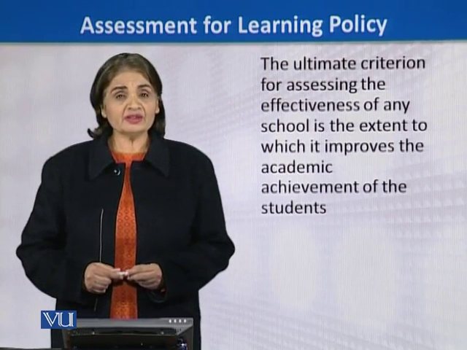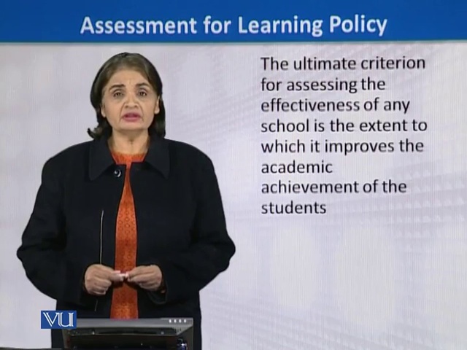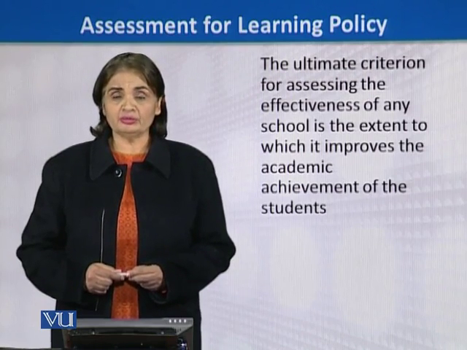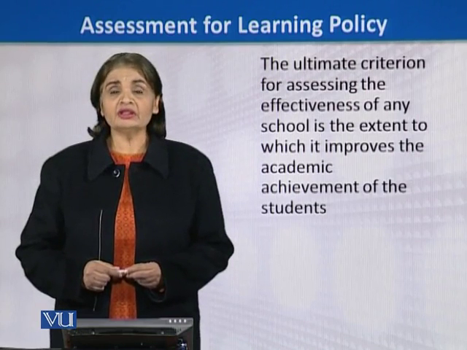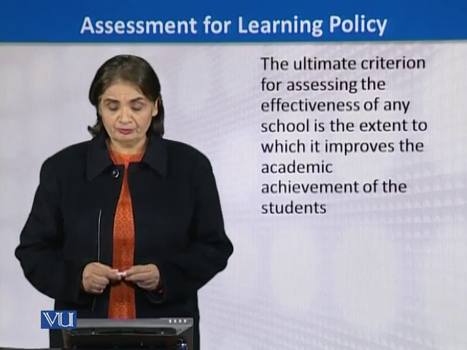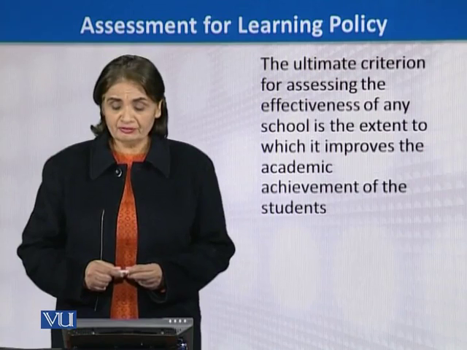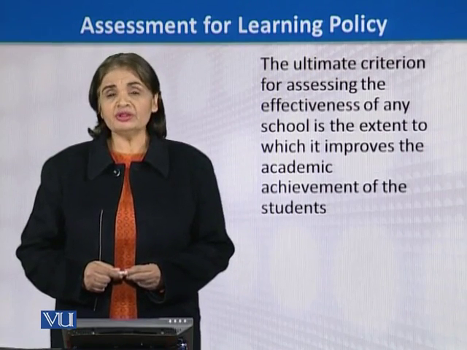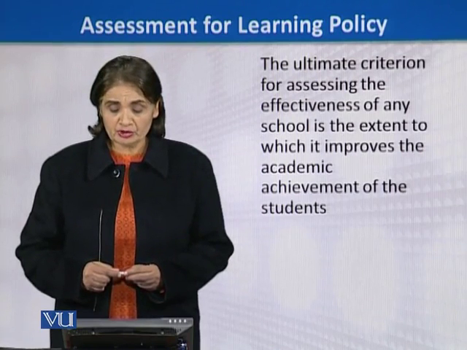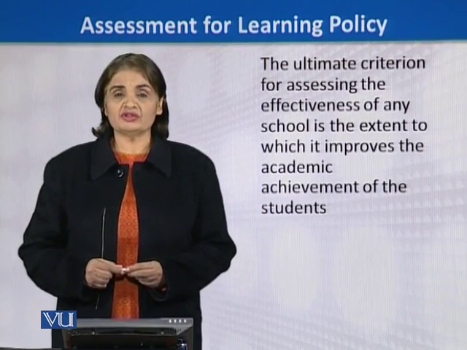So, the assessment for learning policy and assessment of learning policy, both these policies lead to the ultimate criterion for assessing the effectiveness of any school, and that should be the extent to which it improves the academic achievement.